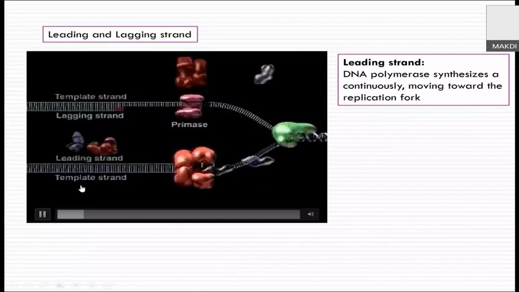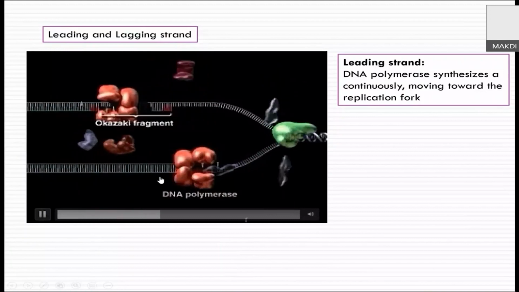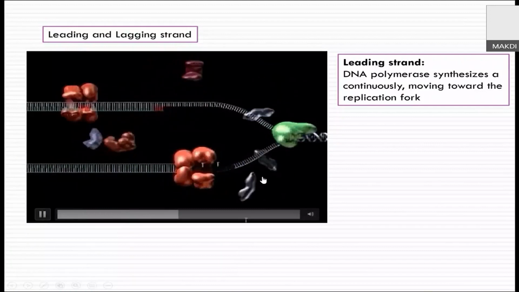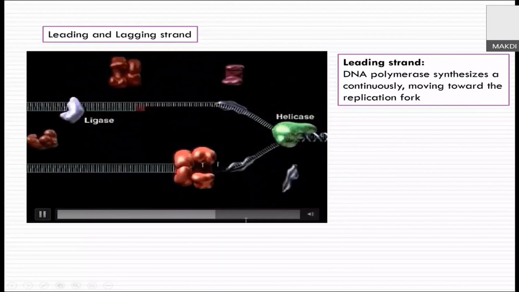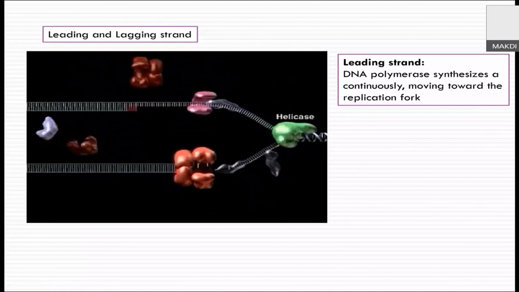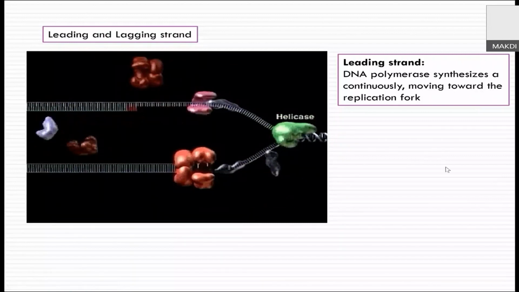Simultaneous formation of the leading and lagging strand. It's a continuous leading strand while primase, other DNA polymerases, and DNA ligase all work together to make the lagging strand. The enzyme helicase continues to untwist the double helix, exposing more template strand DNA for replication. Okay, leading strand.